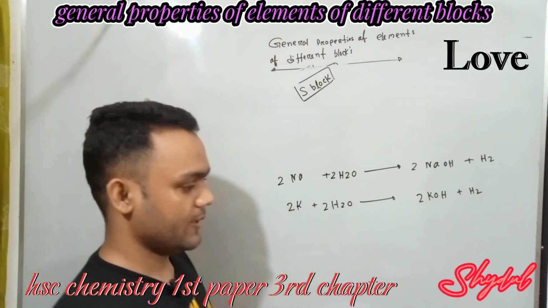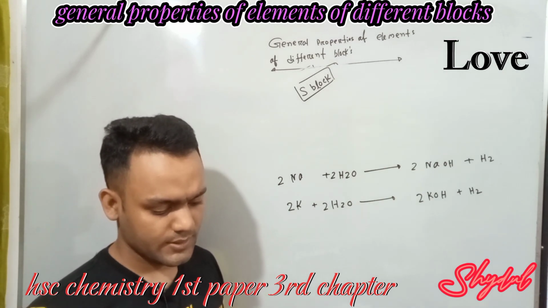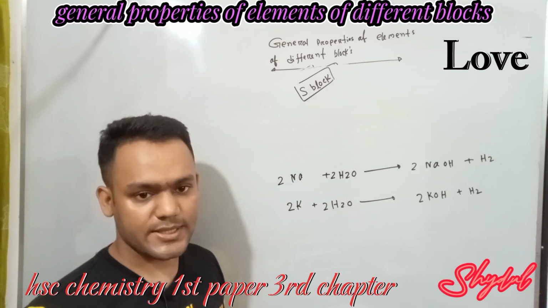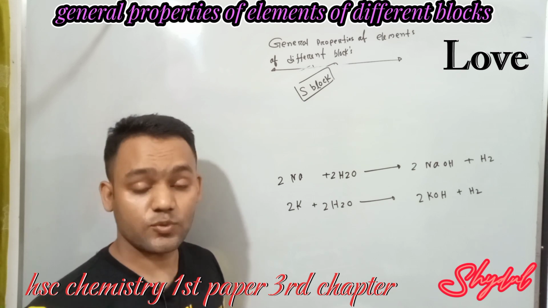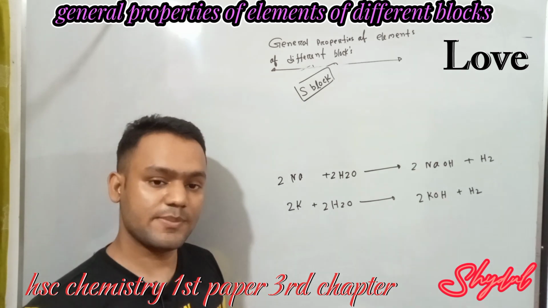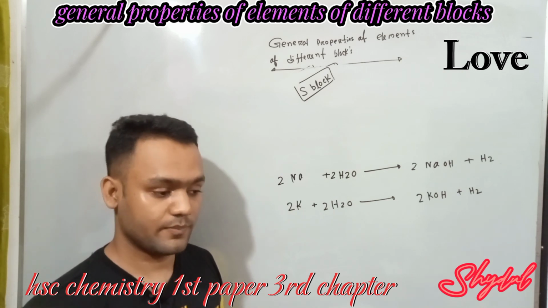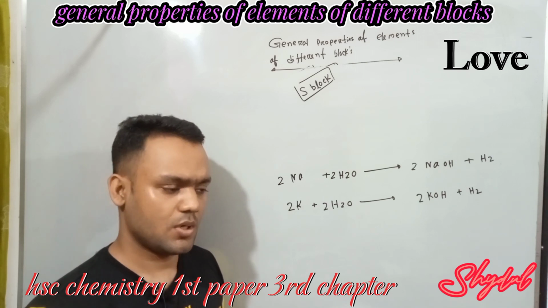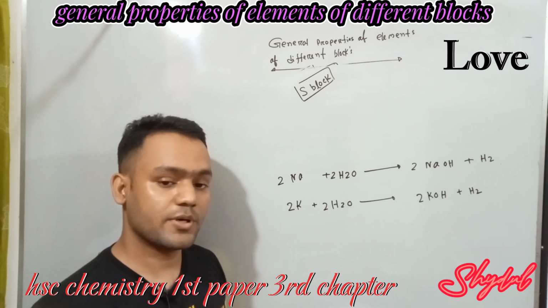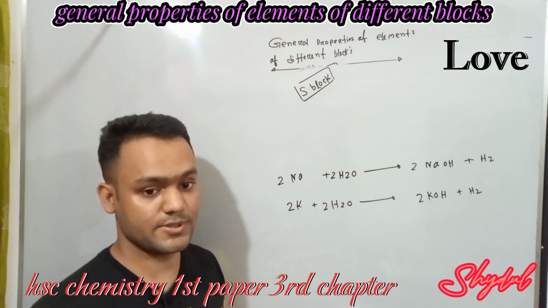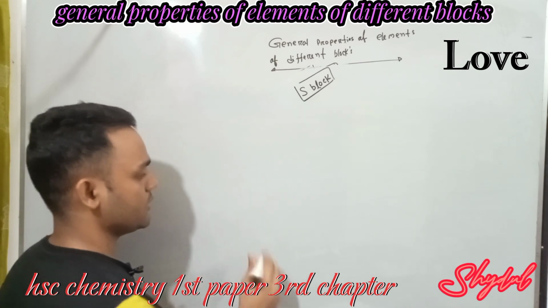Similarly, the second group of S block elements also react with water and create hydroxide of the alkaline earth metal and hydrogen. This is group number 2.